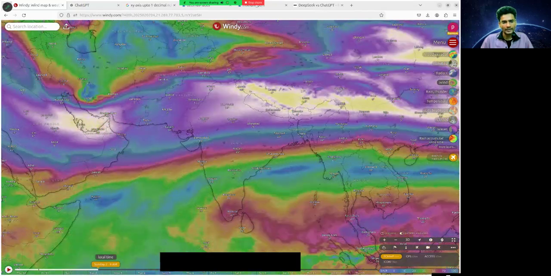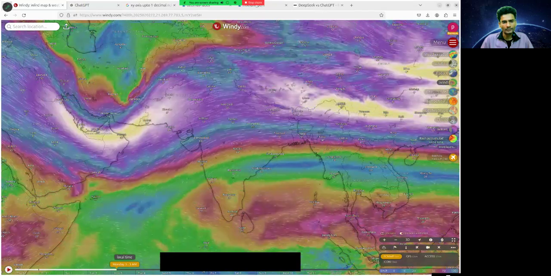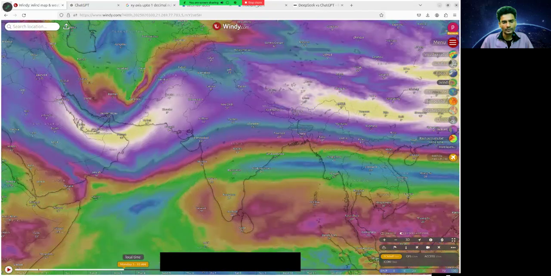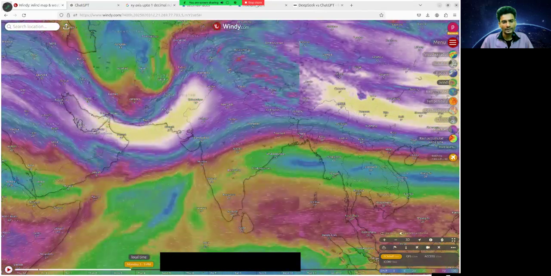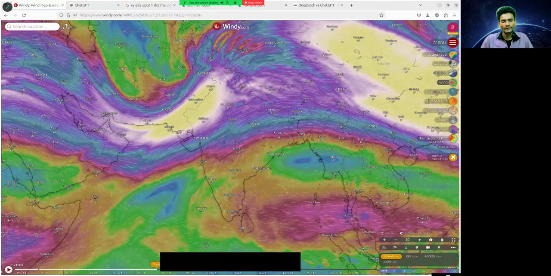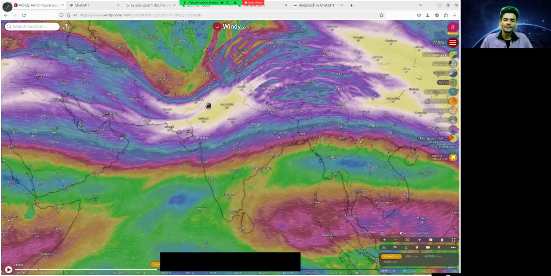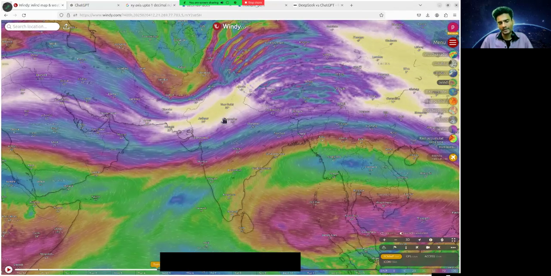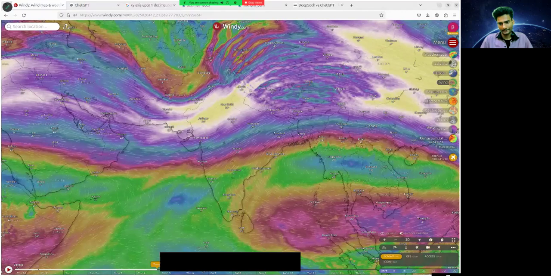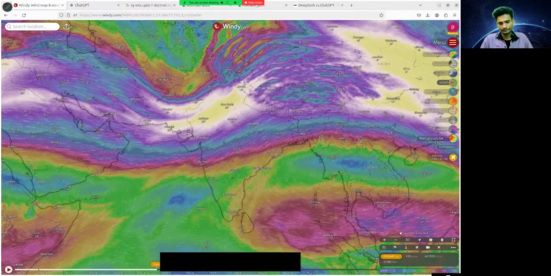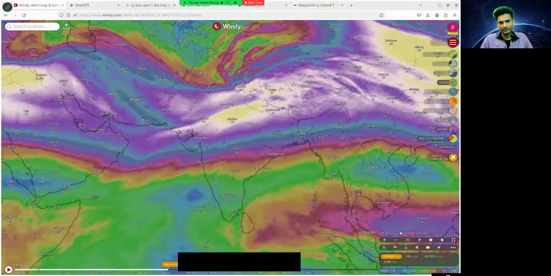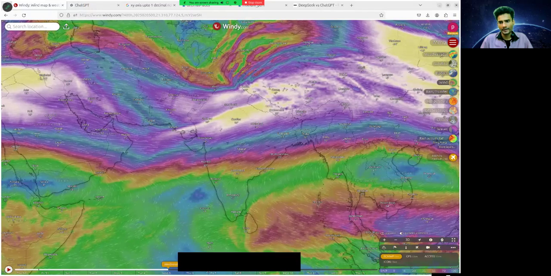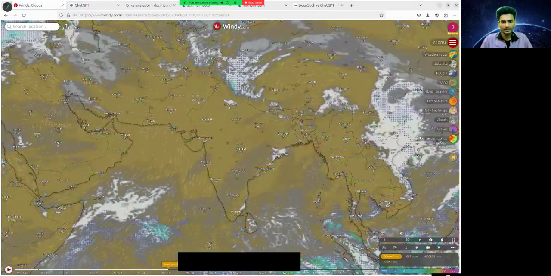We can expect one dip which will move from the Middle East towards India around 3rd and 4th of February. But the intensity of this trough or western disturbance is likely to remain very weak, and it is just going to give little light rainfall over the Indian subcontinent.